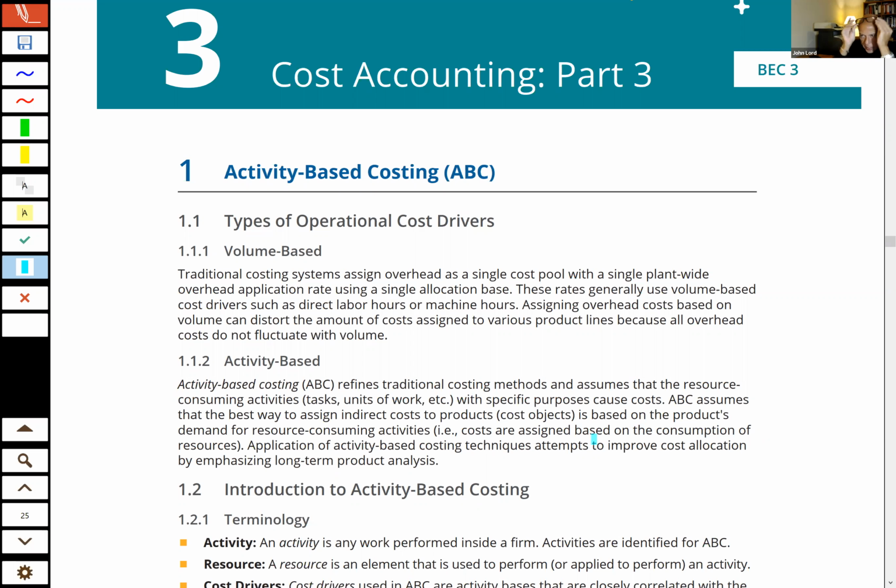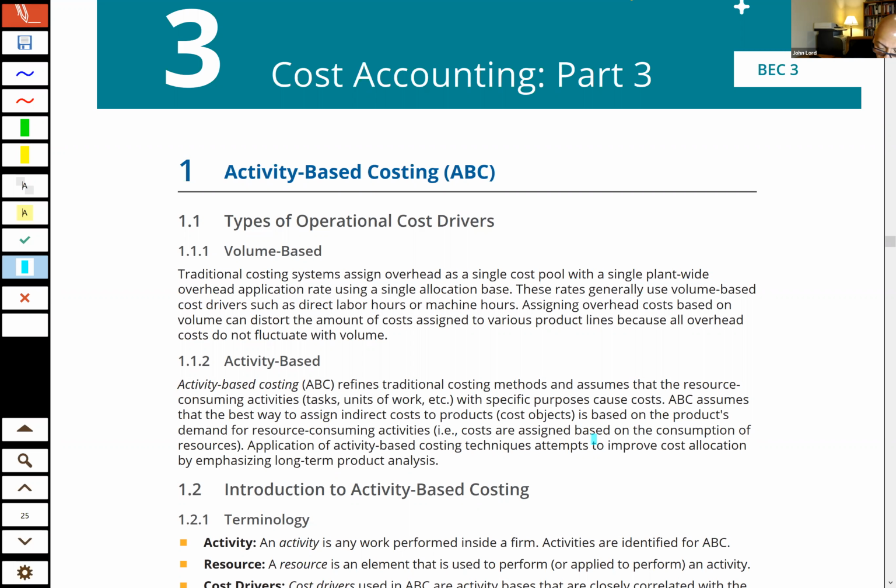So why don't we come up with multiple predetermined overhead rates, and then depending on how that product uses that particular activity, that's how we'll apply our overhead. That's called activity-based costing.